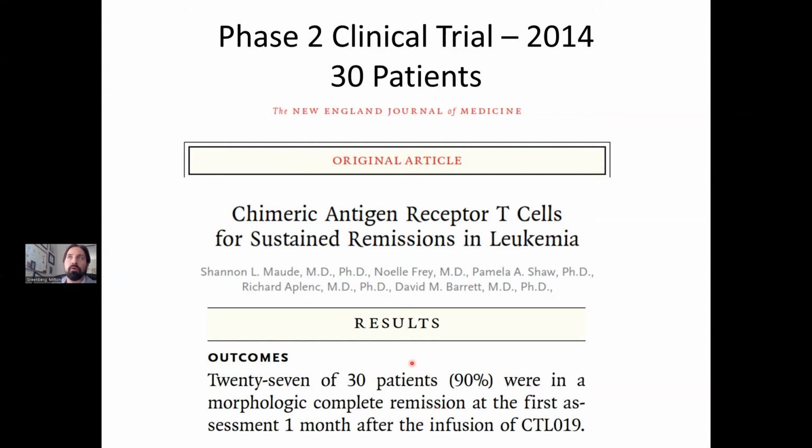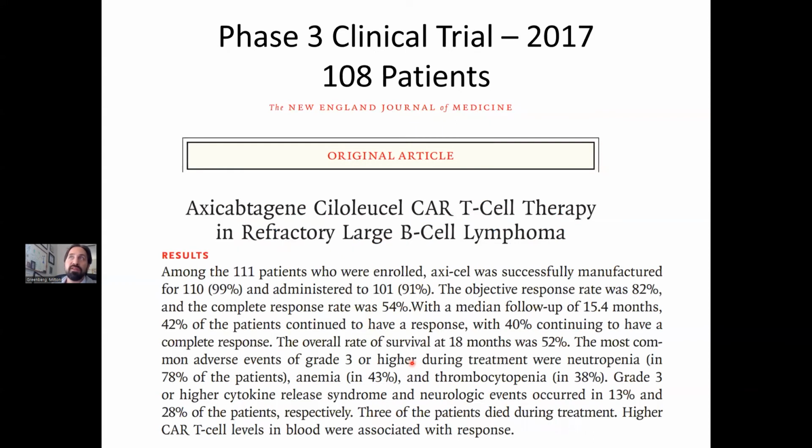Pretty remarkable. So in 2017, this was scaled up even larger to a phase 3 clinical trial. In this clinical trial, we saw that the objective response rate was 82%, complete response rate was 54%, and over a year later, about half of the patients, 40%, had a complete response.